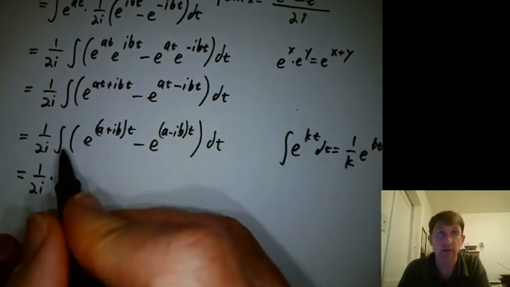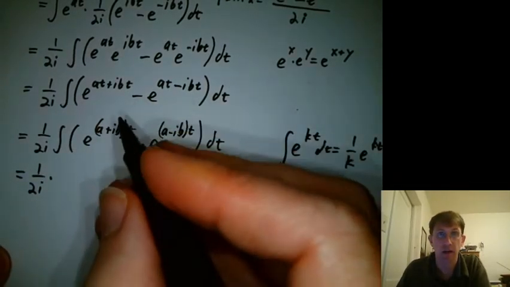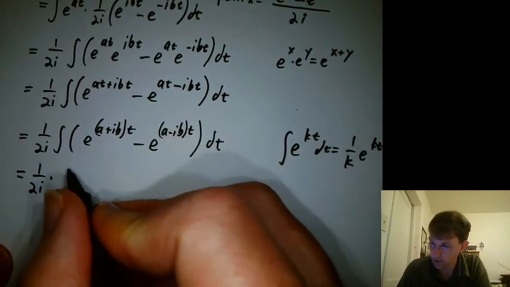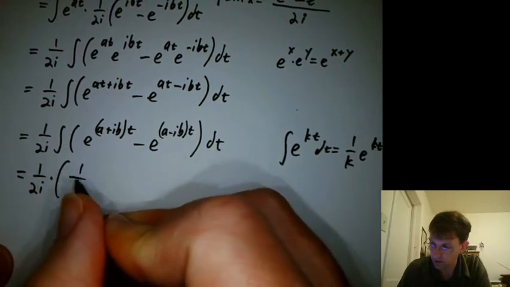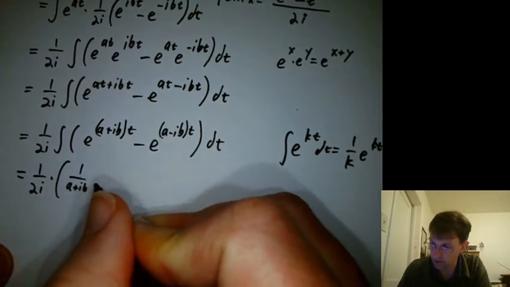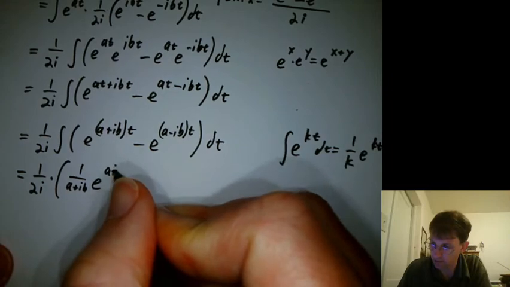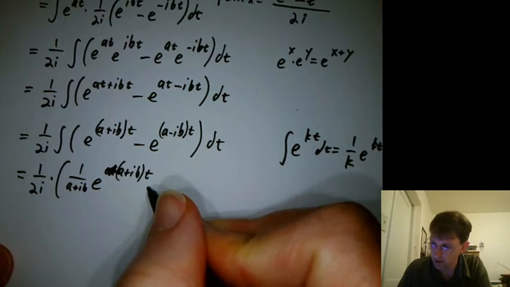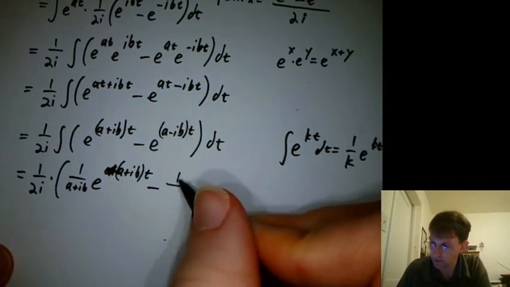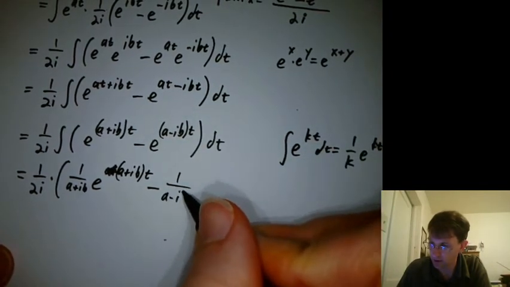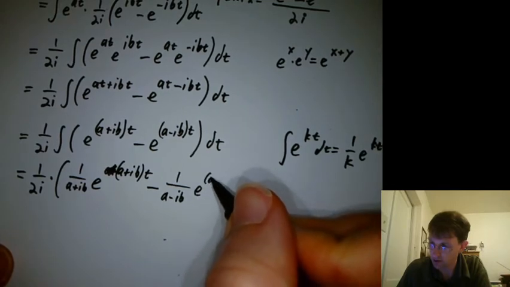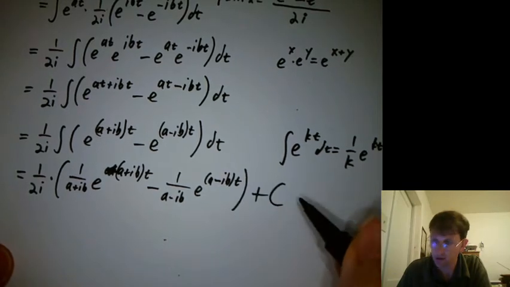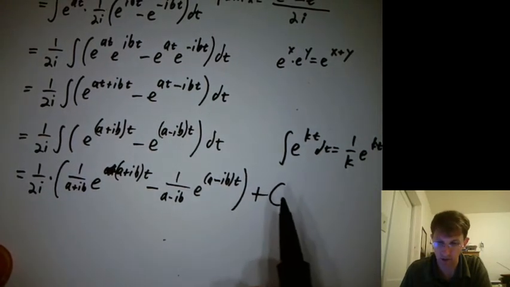I'm not going to write the integral sign now because I'm taking the antiderivative. What's the integral of e to the a plus ib times t? It would be 1 over a plus ib, e to the a plus ib t, minus, and then the same thing here, but my constant is a minus ib, e to the a minus ib t, plus c, because we're done taking the antiderivative.